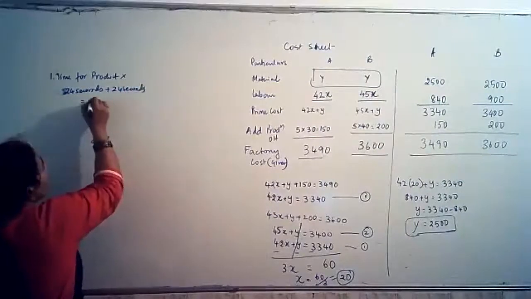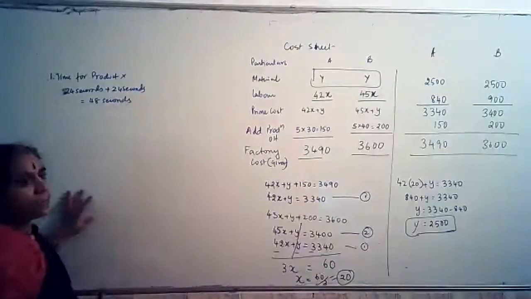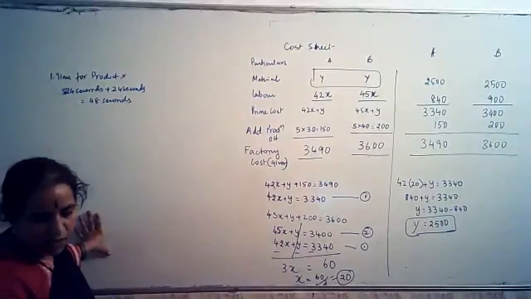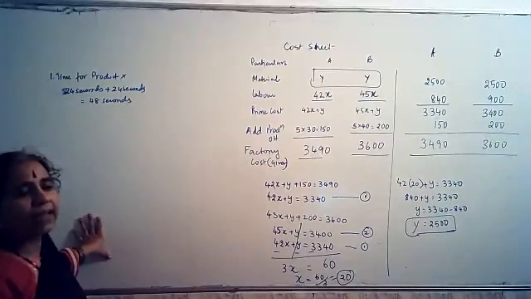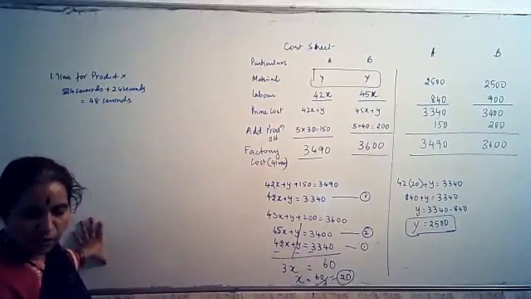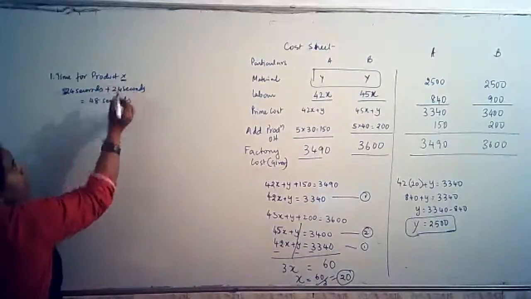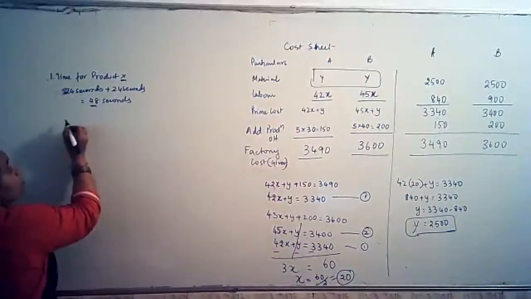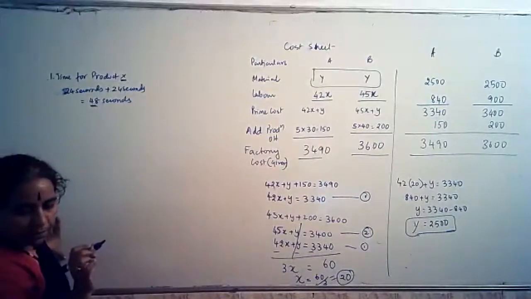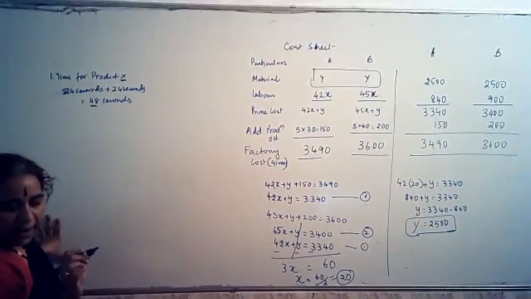So total is equal to 48 seconds. I need 48 seconds for X. Now, how many units are manufactured by that particular person in a day? The worker has produced X, how many units?